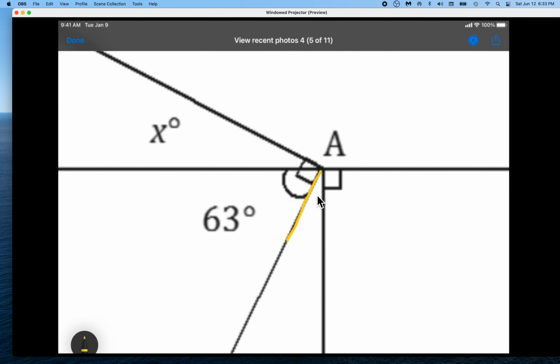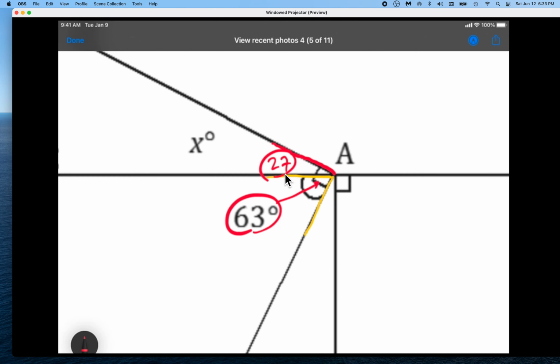So 63 is from yellow to yellow, and the 90 is from the first yellow all the way to the red. Folks, if yellow to yellow is 63 and yellow to red is 90, then this has to be 27, because this plus that has to equal 90.